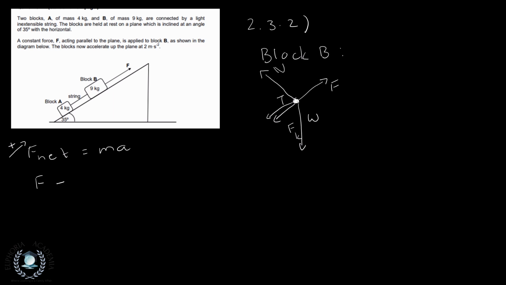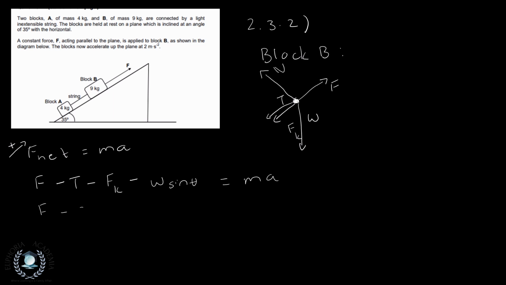Alright, so our F minus the tension that I almost forgot, minus our frictional force, minus the component of weight acting in the parallel direction, which will be W sine theta, is equal to our mass times acceleration.